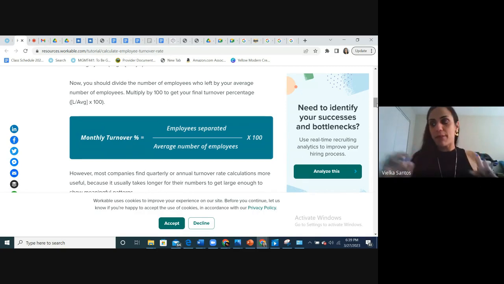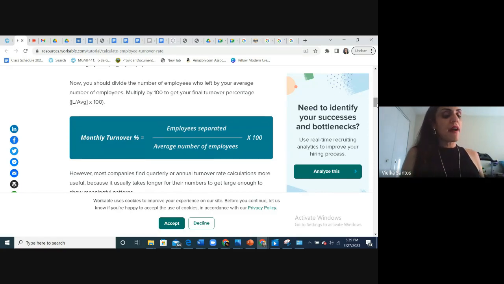So, for example, take your calculator in your hand, so we can do the exercise together. If you do it faster, we make the class faster, people, okay? Look at me. Monthly turnover equals employees separated divided by the average number of employees. It's on your screen, in lesson 12, this webpage.